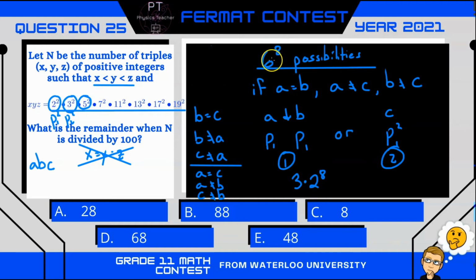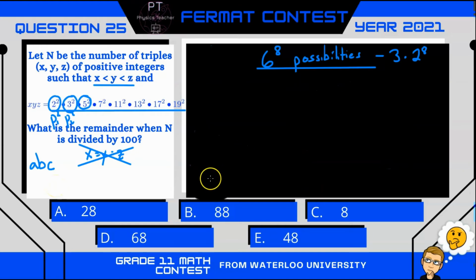So if we go back up to the total number of possibilities, we have 6 to the 8 total possibilities for which A, B, C will equal this. And then if we subtract 3 times 2 to the 8 possibilities, then we have a total number of possibilities where the product of A, B, C is equal to the product of all these prime squares, where no two of A, B, and C are alike.